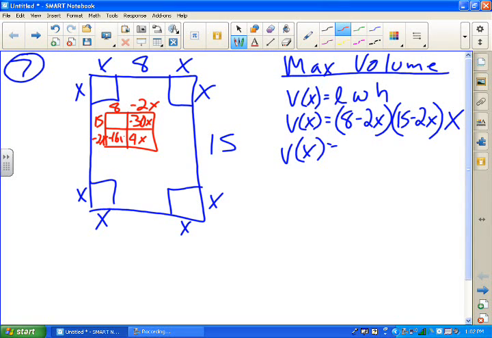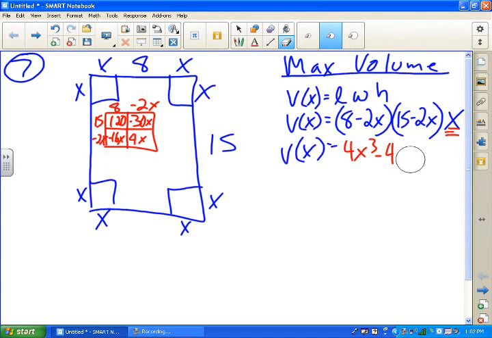And when I'm all done, what I end up with is 4x squared, and then when I combine like terms, negative 46x plus 120, but when I push that extra x through, I end up with 4x cubed minus 46x squared plus 120x. So let me erase this real quick.